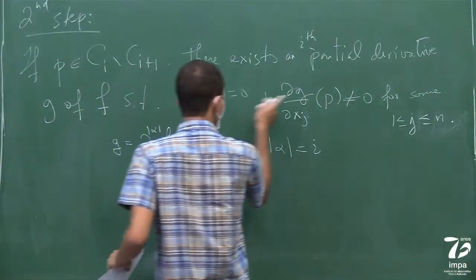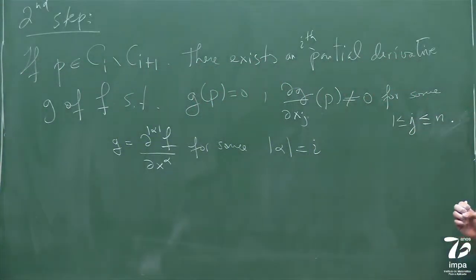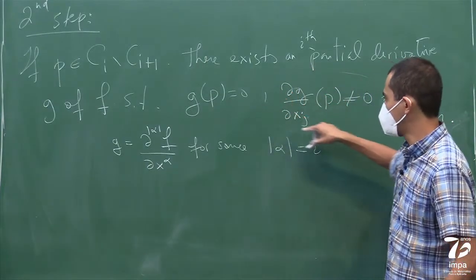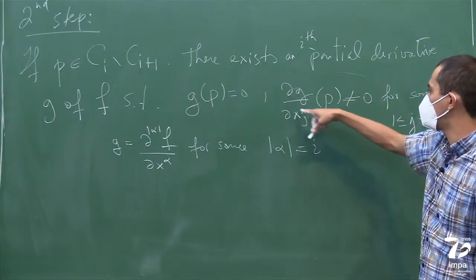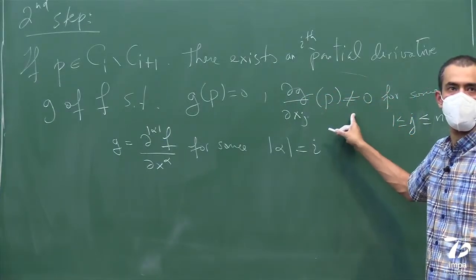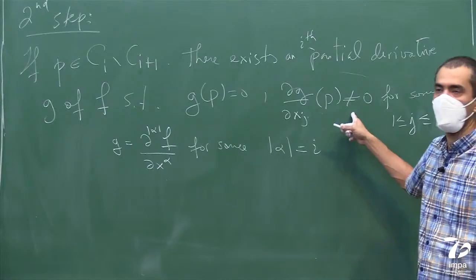So G has this property. And locally, if I take an open set near P, all of the points are going to satisfy this condition too, because this is an open condition. But not this condition.